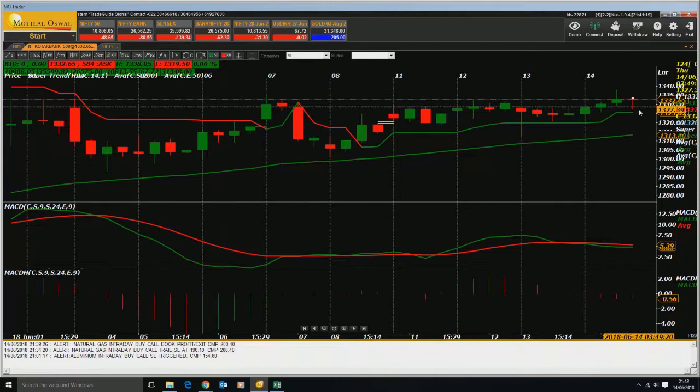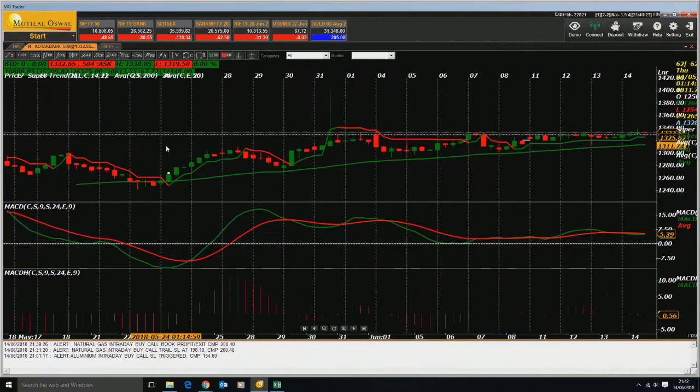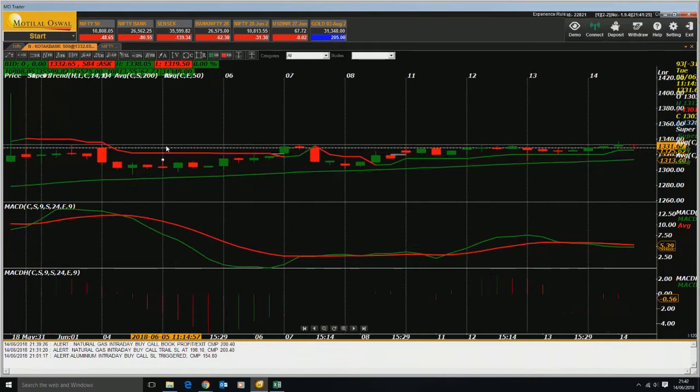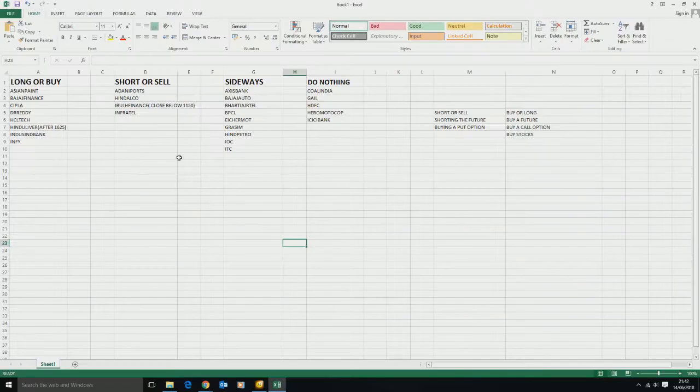It's more or less trading in a very tight range. So until and unless you get a fresh confirmed either long or short trend with a confirmed entry, you shouldn't go with that. So Kotak Bank, it's a sideways.